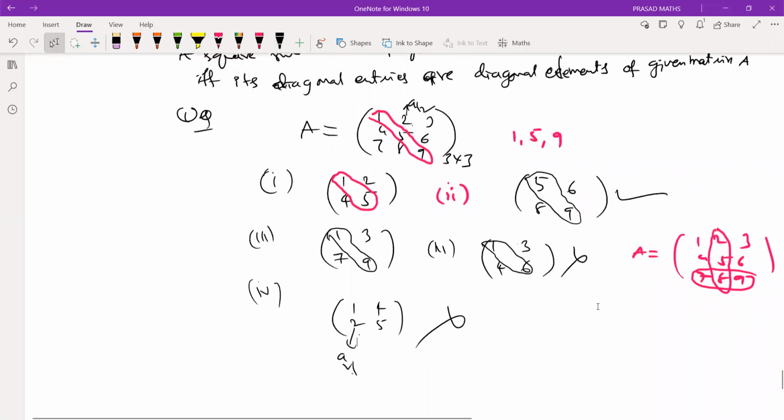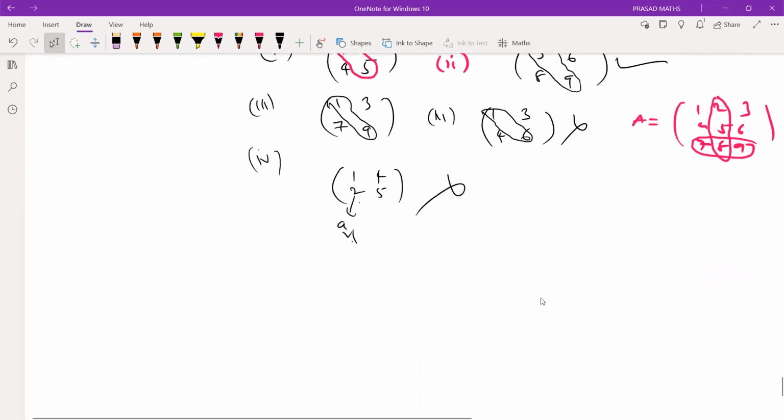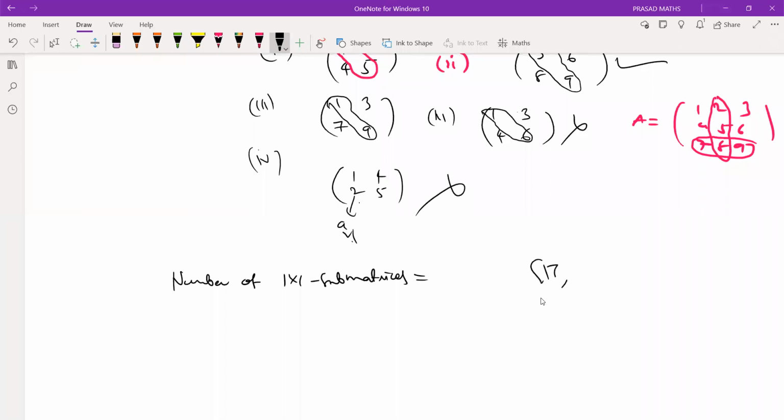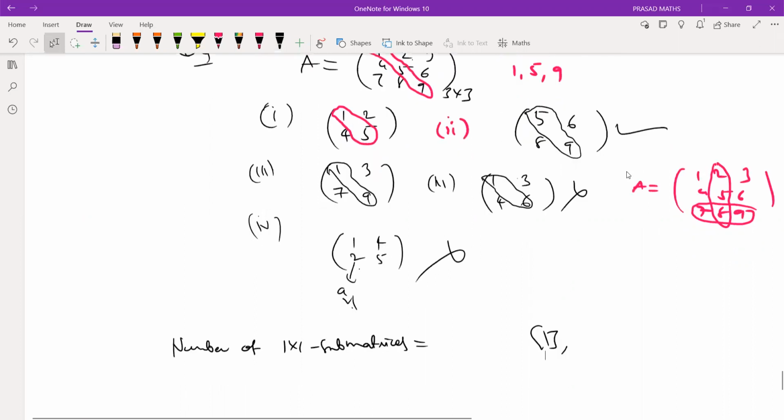Now my question is, how many submatrices? For this problem, number of 1 by 1 principal submatrices. Tell me. Singleton 1, singleton 5, singleton 9. Not 4, because it should be diagonal, right? So total 3.